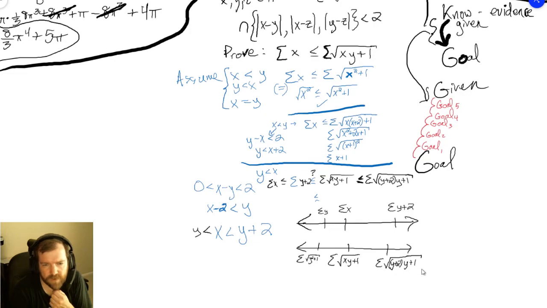And this is y squared plus 2y plus 1, which is bigger. That has got to be there, and this has to be in the middle somewhere. But then we have to figure out where these two compare to these two.